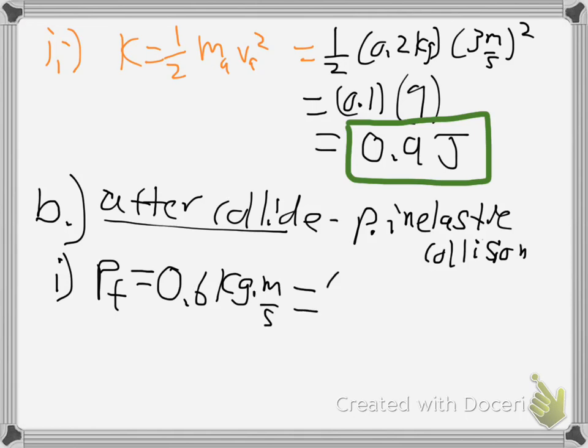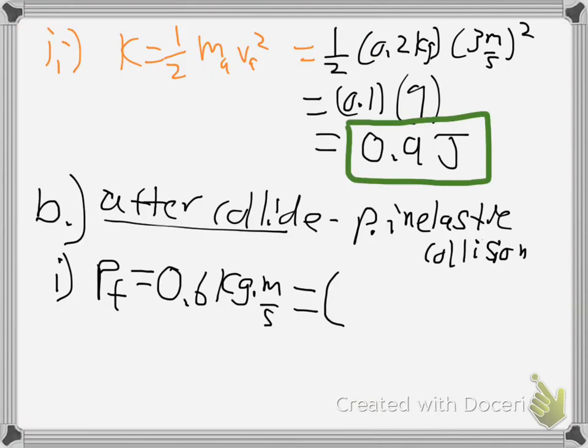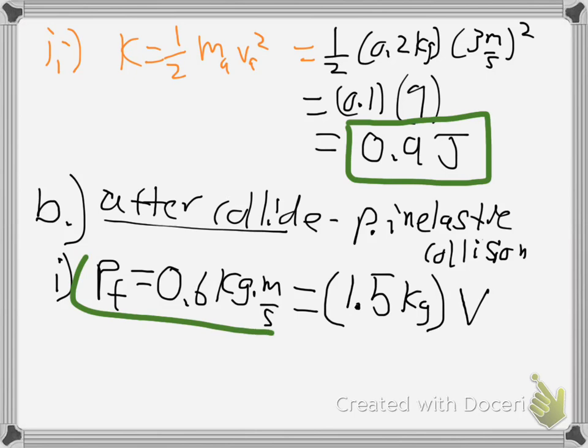And that is going to equal the addition of our two masses, because now they're moving together. So we need to add their masses, and luckily this is pretty easy arithmetic. 0.2 plus 1.3 is 1.5. Actually, my apologies. The answer to part 1 is just this. I was actually starting to solve part 2.